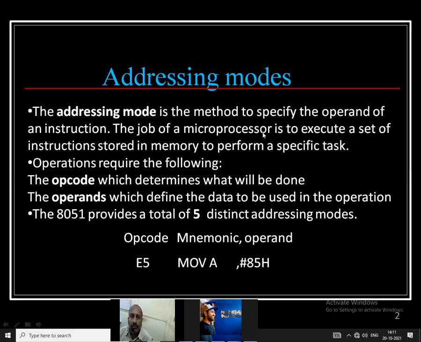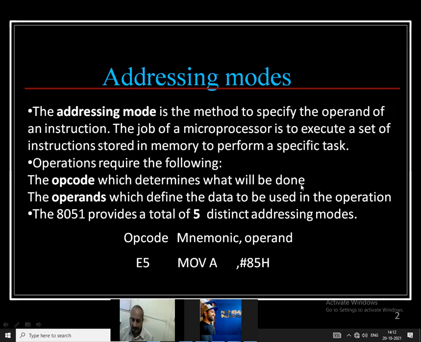The job of a microprocessor is to execute a set of instructions stored in memory to perform a specific task. This is a general sentence about what the microprocessor's job is. Operations require the following. The first thing: the opcode, which determines what will be done.